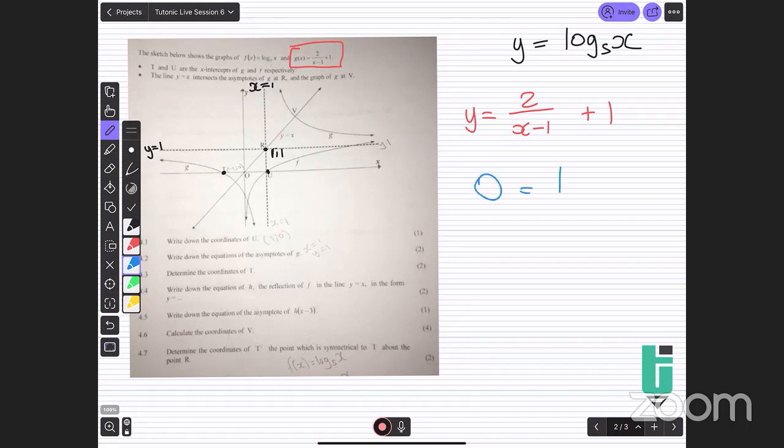So naught equals log base 5 of x. Sorry, I wrote it incorrectly.